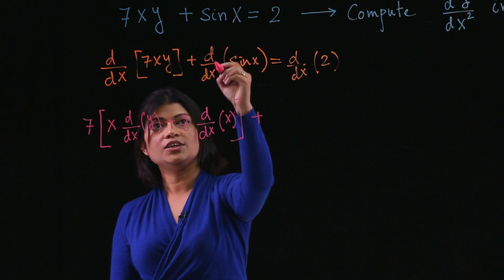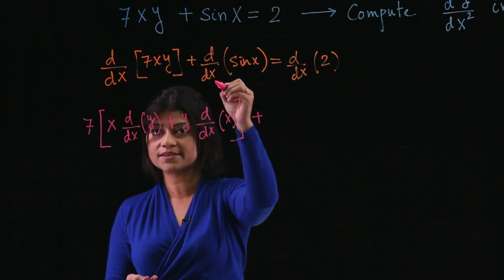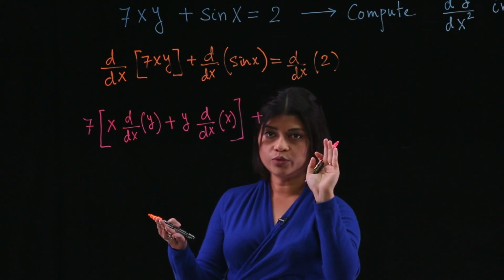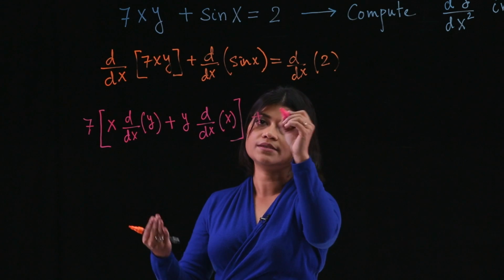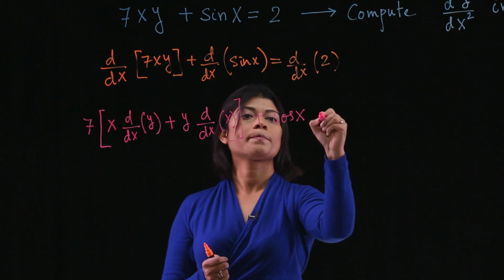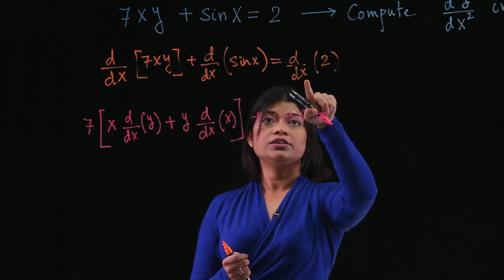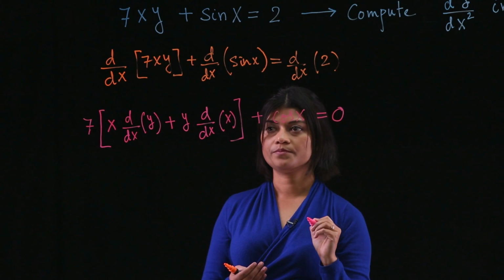Notice that you are differentiating sine of x with respect to x. So we just use our derivative rule. Derivative of sine of x is cosine of x, and that's it. Right hand side, you are computing derivative of a constant, which is 0.